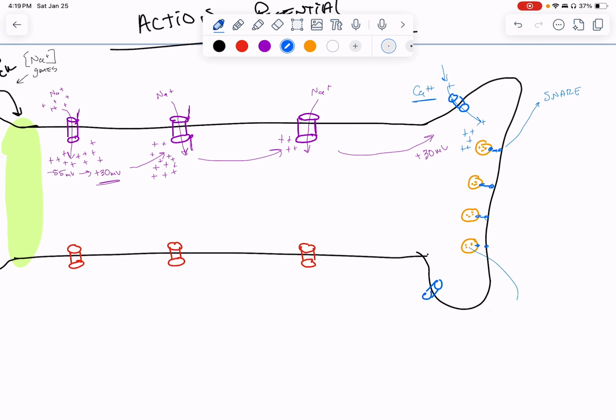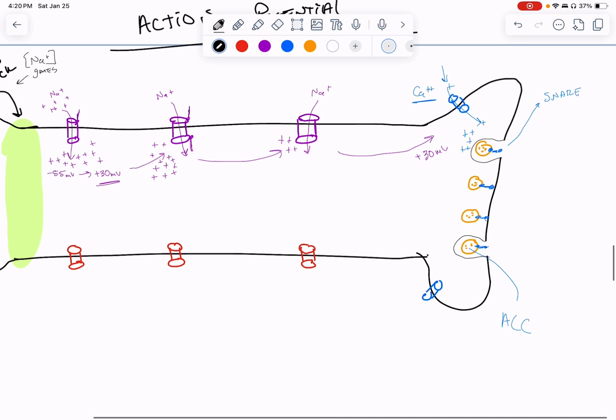Let's say this is like acetylcholine or something. We'll just call this ACC, acetylcholine. I don't know if that's the actual abbreviation for it, but that's what we'll call it for now. It's going to bind to these little vesicles, and the membrane's actually going to open up and engulf these vesicles through exocytosis. We talked about this a little last week.